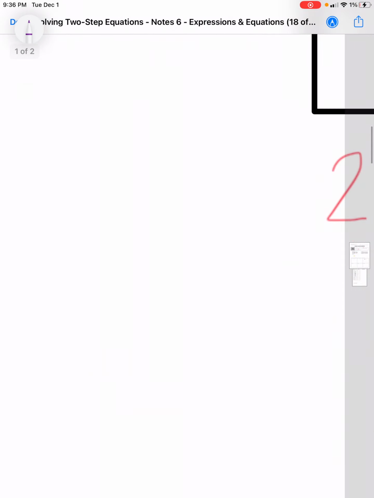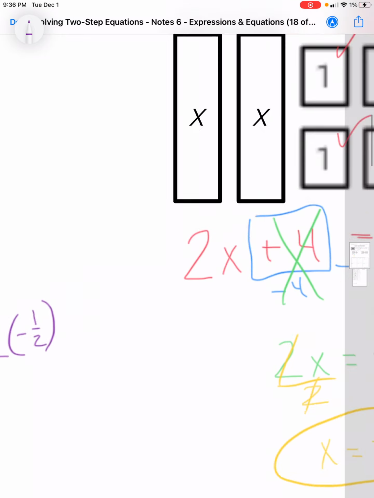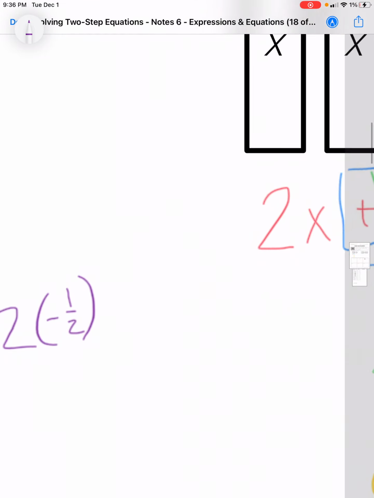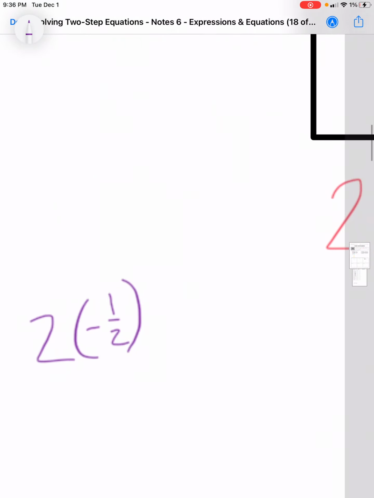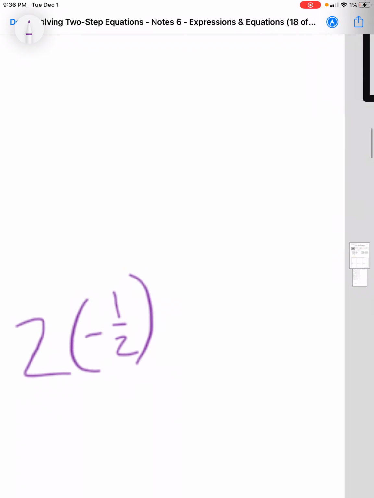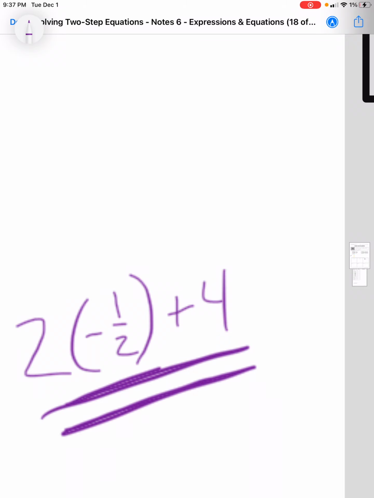Okay, so we're going to go 2, parentheses, -1/2, because that's what x equals, because it was 2x. Okay, and we put -1/2 where x is. So you can enter all this in your calculator. Plus 4. Does that equal 3 when you put that into your calculator? If it does, then your answer is correct.